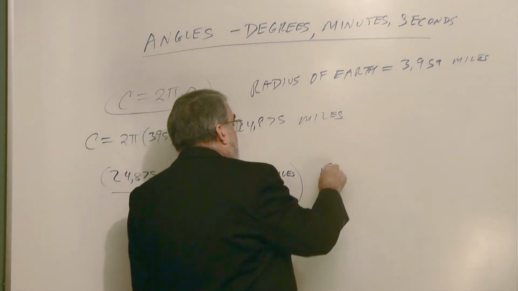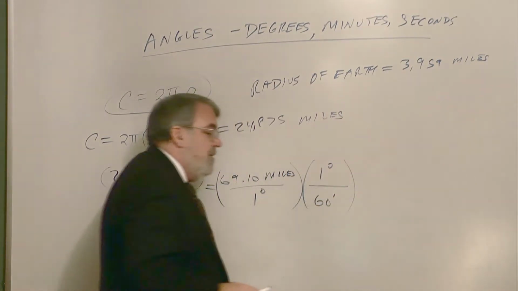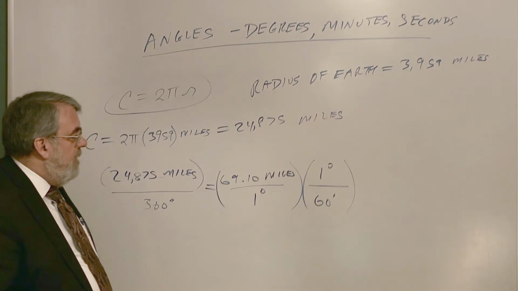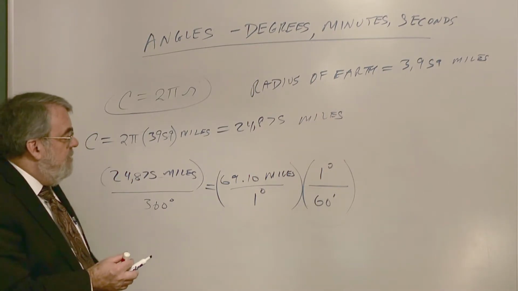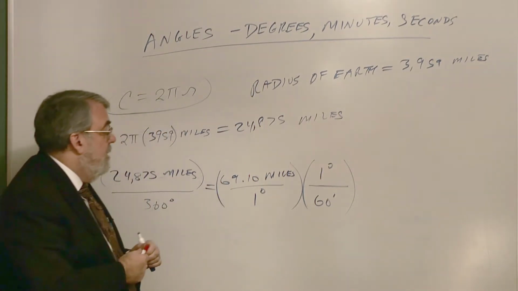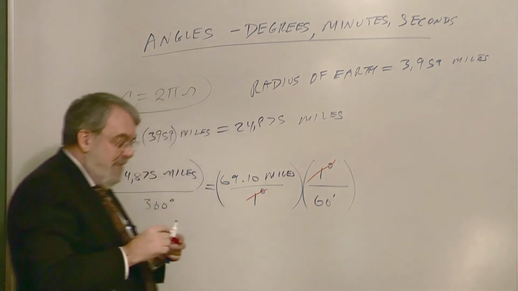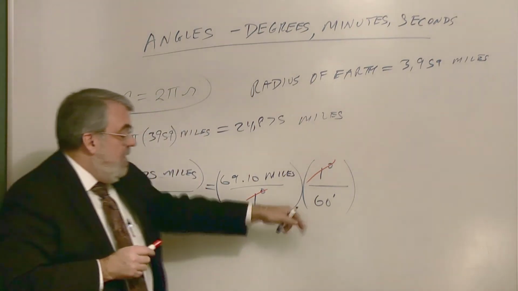I know that 1 degree is 60 minutes. So look at this. I multiply by 1 over 60, but specifically it's 1 degree over 60 minutes, and the degrees cancel off, leaving minutes.